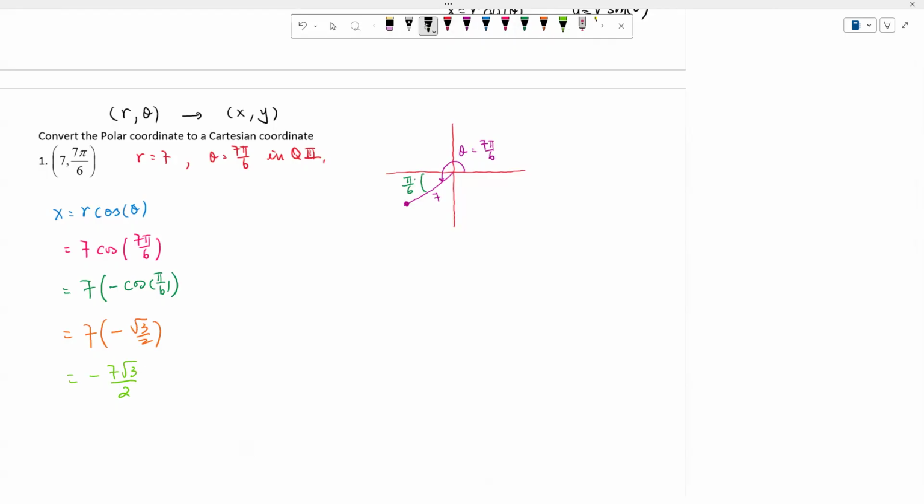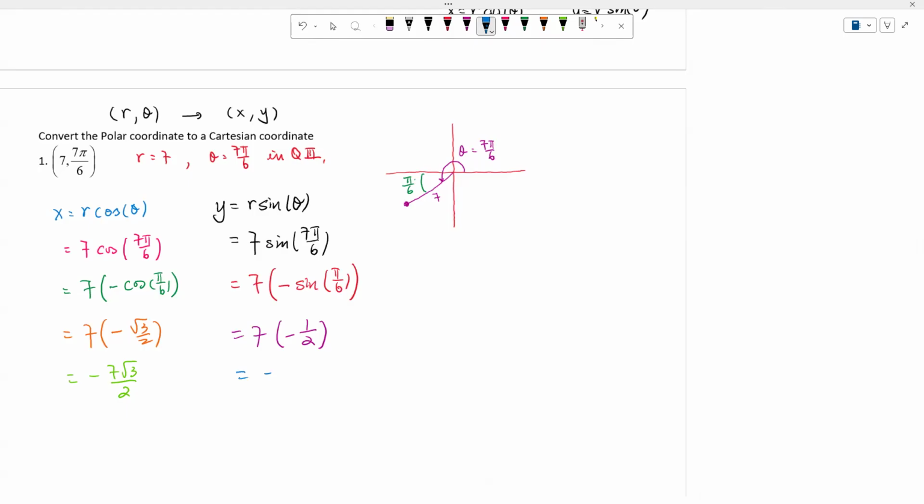And now, how about y? y equals r sine of theta, which is 7 sine of 7 pi over 6. Again, in quadrant 3, sine is negative, and the reference angle is pi over 6. So I will have 7 times negative 1/2.